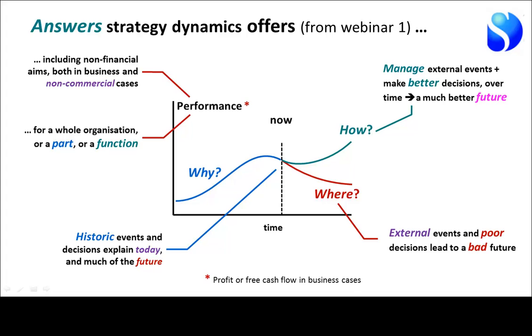How might we get the performance to go much better, following the green line out into the future? We made the point that this can include non-financial aims as well as financial aims, and we mentioned that this applies for a whole organisation or just for a part of the organisation, say a country business unit or a function, maybe marketing or HR or whatever.